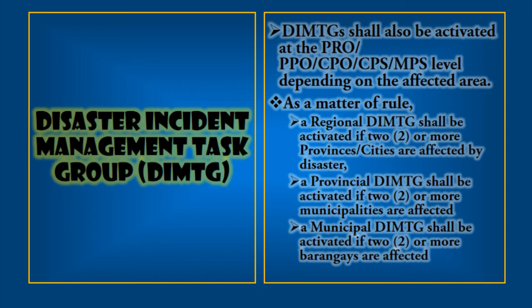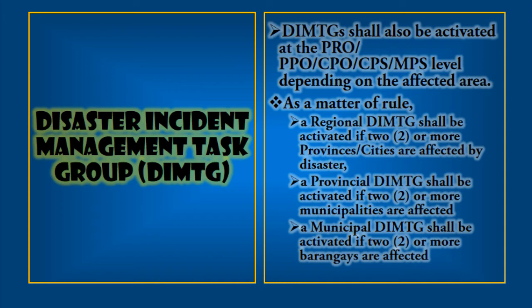So, katulad dito, for example, ang affected ng disaster is probinsya ng Laguna and then Cavite. So, pumutok yung Bulkang Taal. Apektado ang Laguna, Batangas, and then Cavite. So, ang ma-activate dyan is regional DIMTG. Kasi dalawang probinsya, dalawang city ang involved.